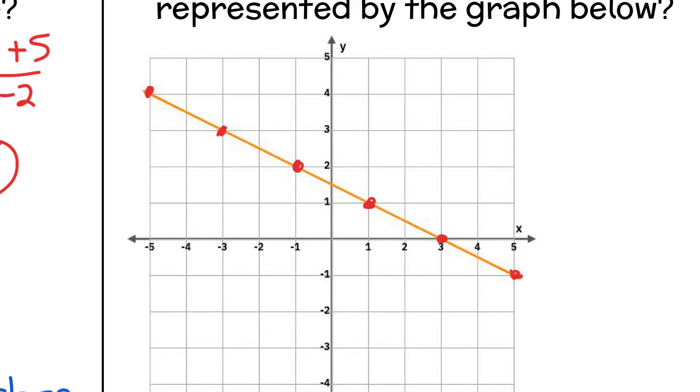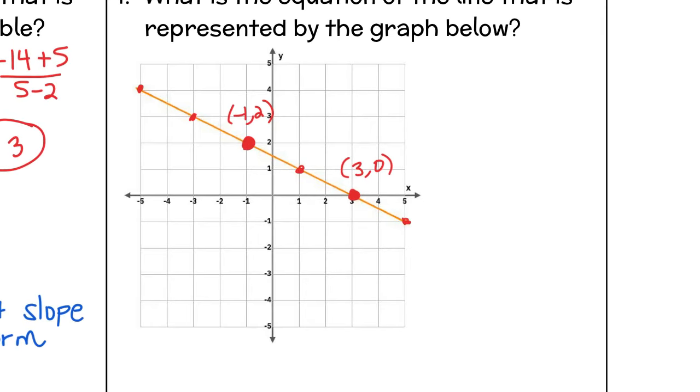So I'm going to do this one here. That's the point negative 1 comma 2. And let's do this one on the axis. That is the point 3 comma 0. I'm going to label these points.